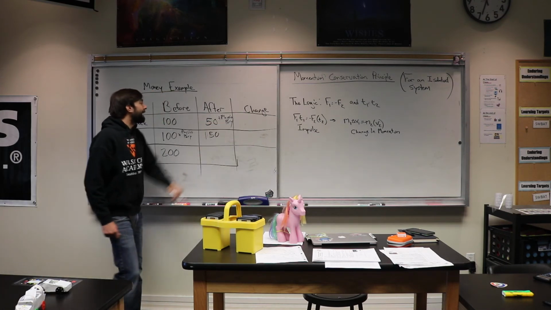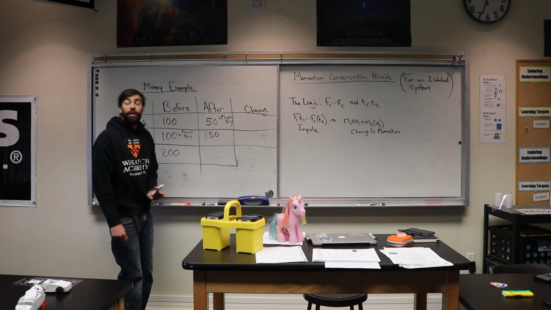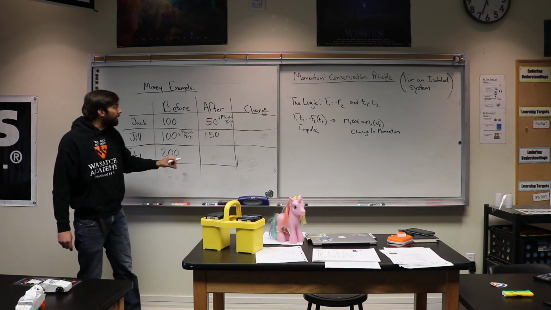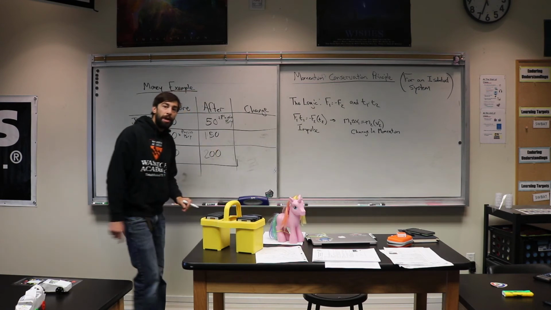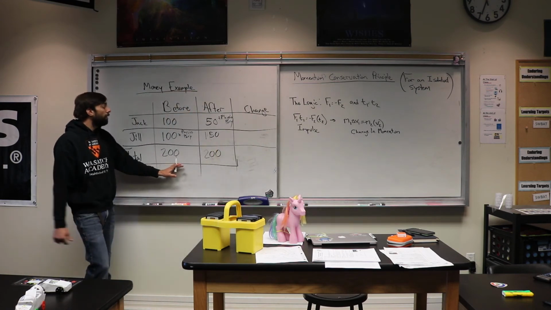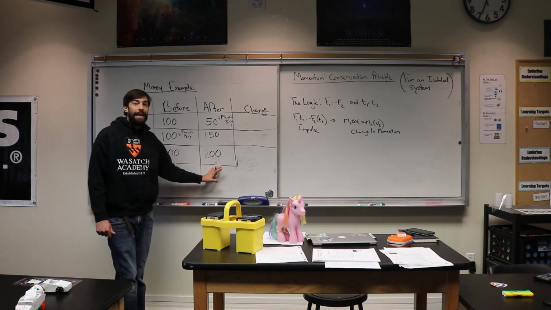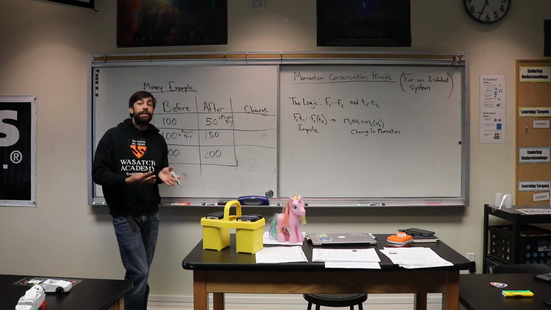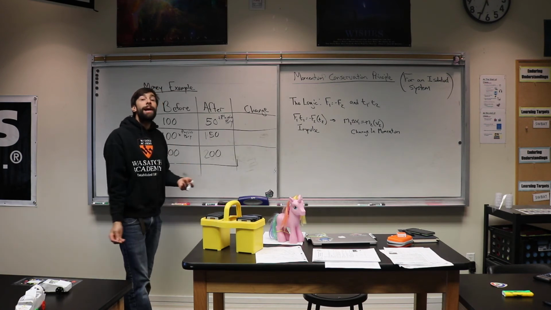So Jack gets Physics Pony. Jill gets an additional $50, and the total money between the two of them still equals $200, right? So the total money before equals the total money after. This is conservation of money, right? It's an exchange of goods and services, but very similar to what we're going to be doing with momentum conservation.